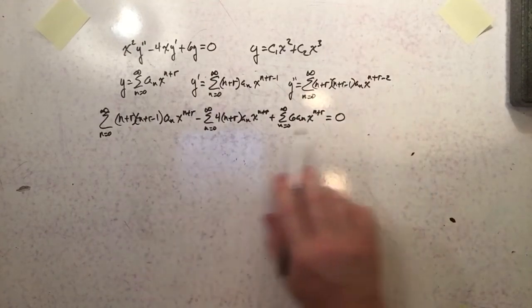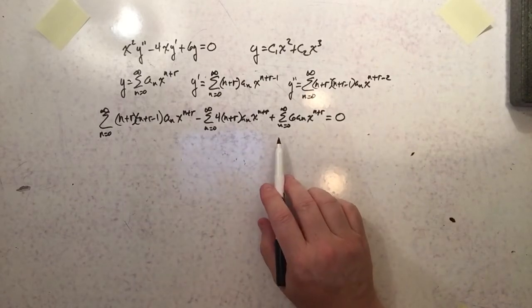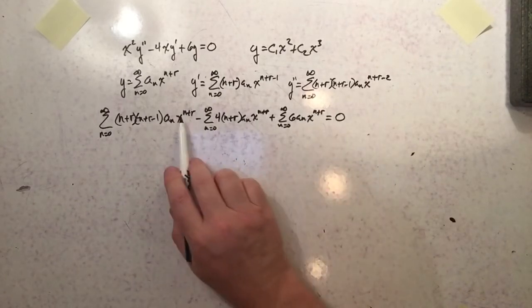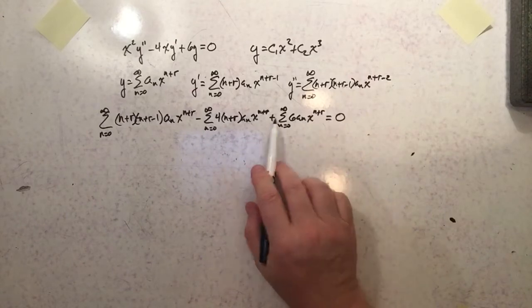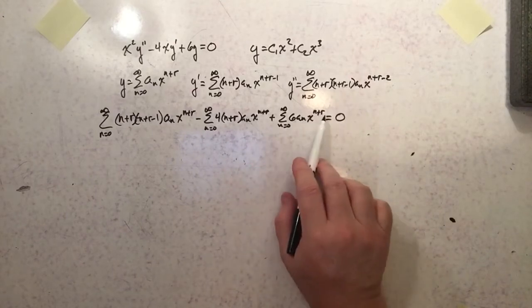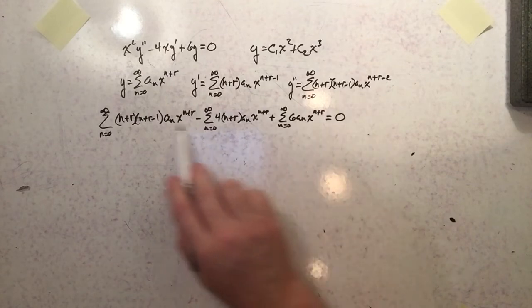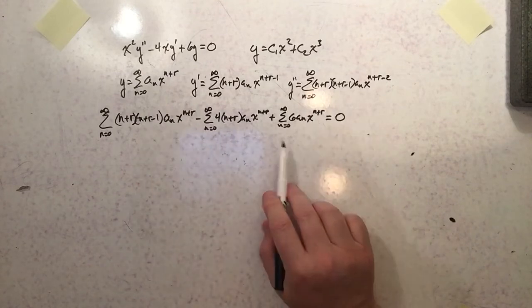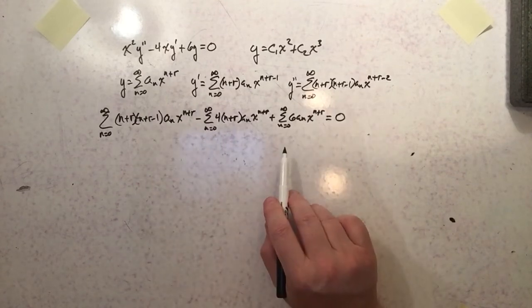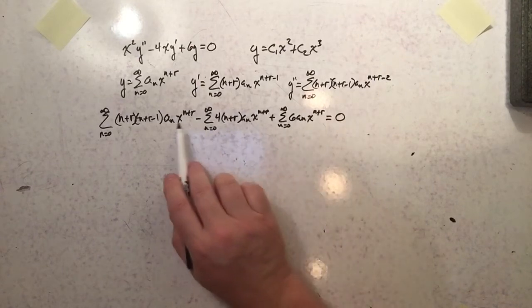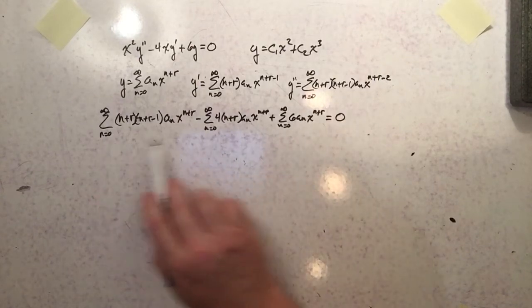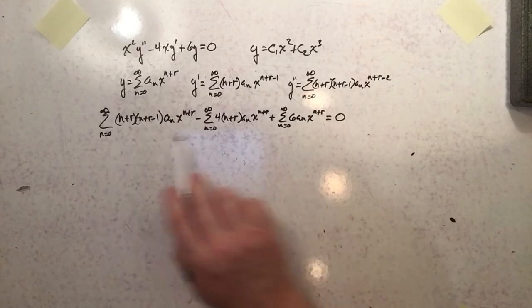So far this looks pretty similar to the method we used before. It can get a little difficult with the exponents since we've added on the r, and then sometimes with consecutive derivatives and multiplication we won't always have perfect powers lining up, but sometimes they do, and that makes the problem a whole lot easier. Okay, since everything's in terms of the same power of x, and everything begins with the same index, we can go ahead and factor.